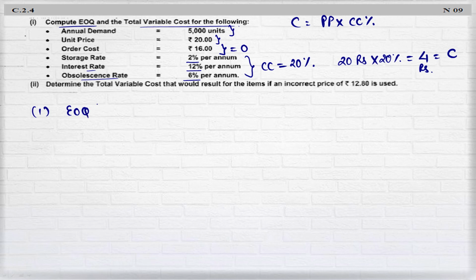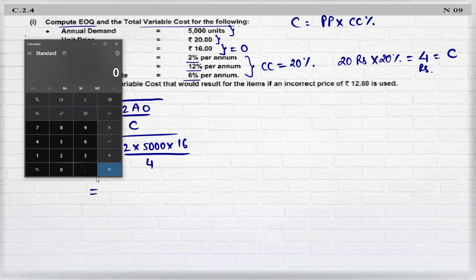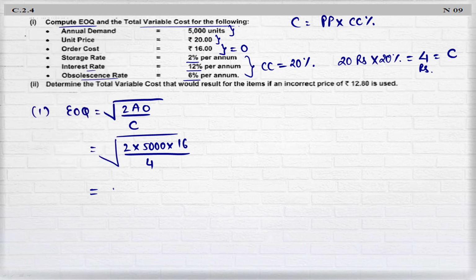EOQ is equal to under root 2AO divided by C. It is under root 2 into 5,000 into 16 divided by 4. Under root is 200 units.